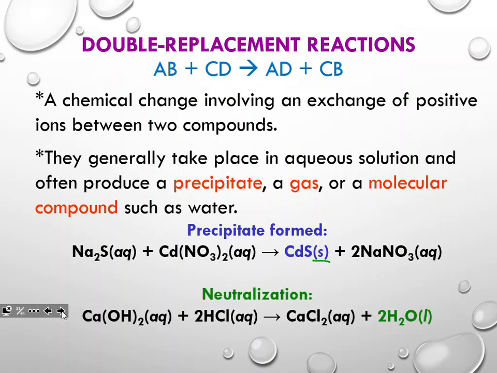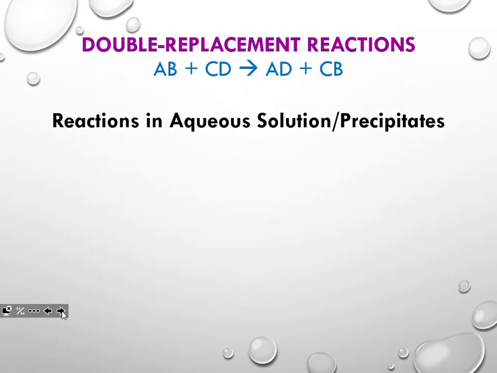And then here showing a neutralization reaction where we get liquid. That's another one where we're showing a different phase. Remember, solids, liquids, and gases are pure substances too. They would not break apart into ions. You would keep them together when you're doing complete and net ionic equations.